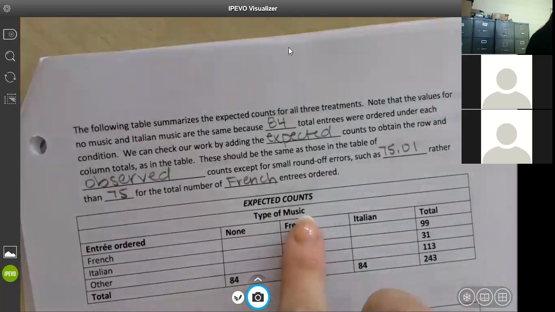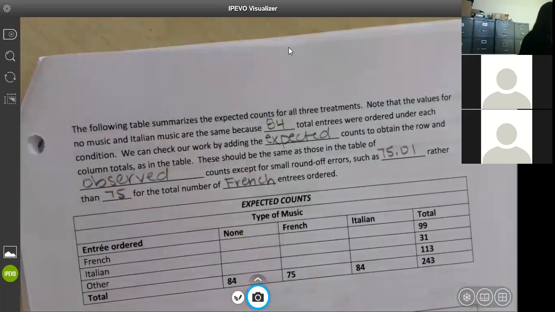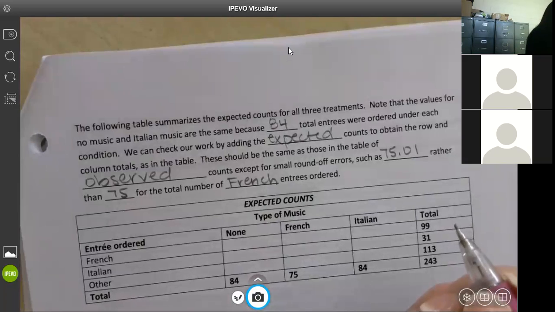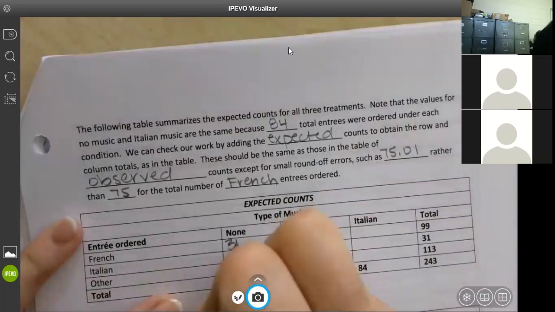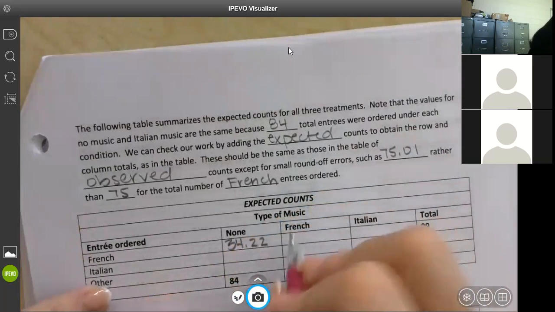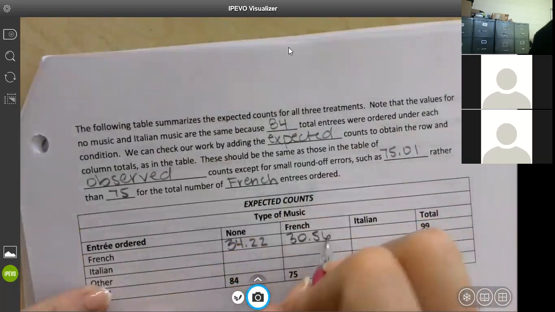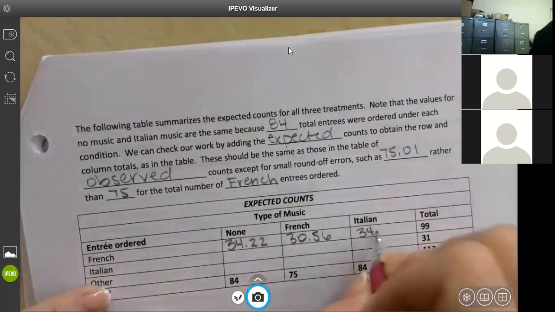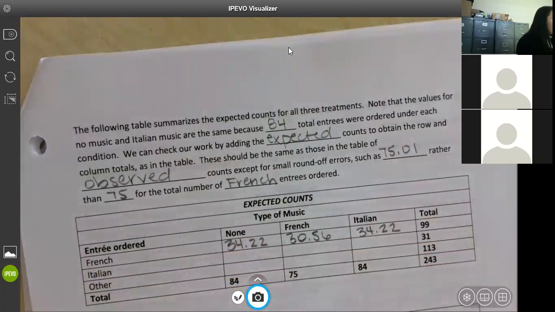Okay. So we did French with French music, French with Italian music, and French with no music, right? So I remember that. All right, so those were right here, 34.22 for no music, 30.56 for French music, and 34.22. All right, so one more time, let me show you where all this came from.